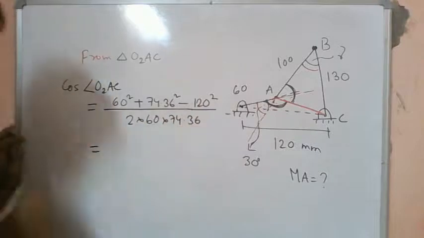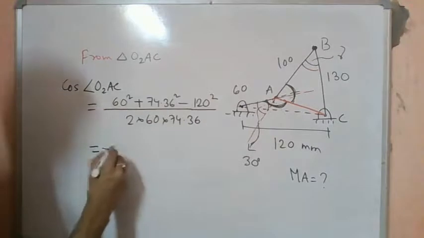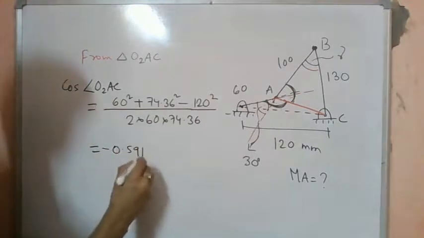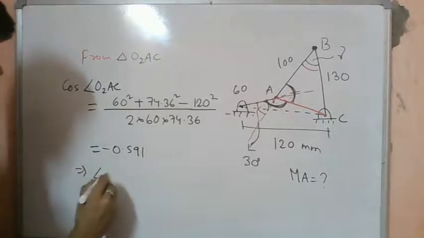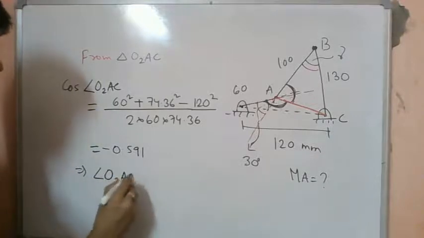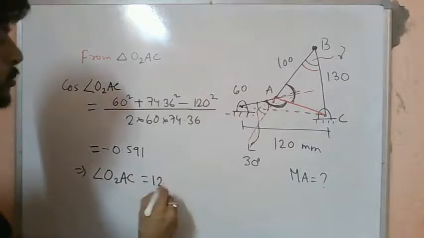This equals minus 0.591, so angle O2AC equals cos inverse of minus 0.591, which is 126.23.